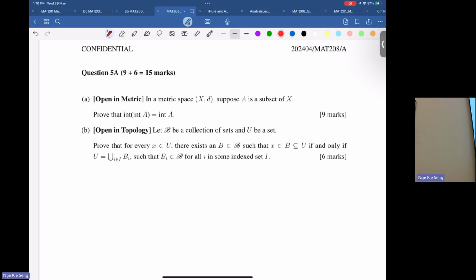There's a ball containing x that is in A. So the ball is already in A, and that point is in the interior because there's a ball that contains the point which is contained in A. The other direction is harder. You need to use the triangle inequality, and do a similar technique to what we did in class.